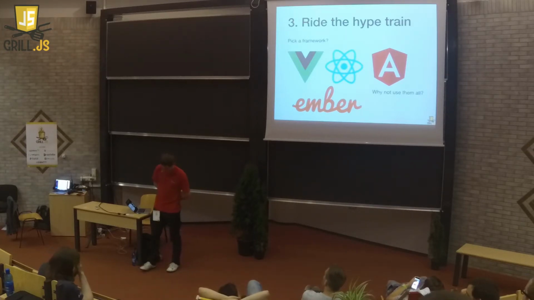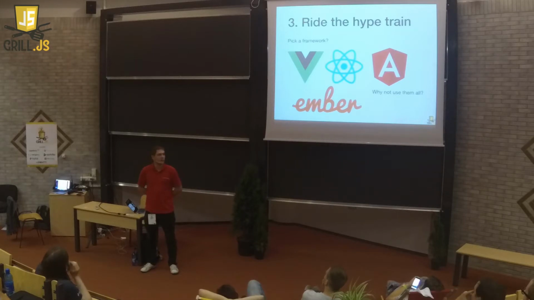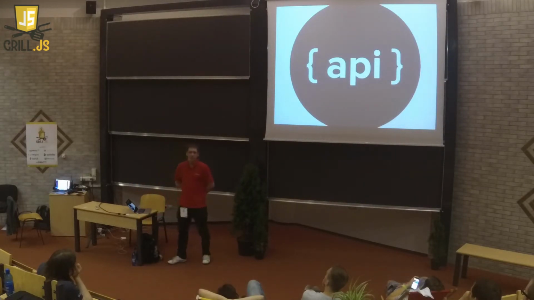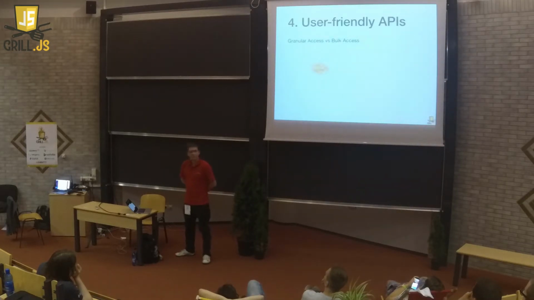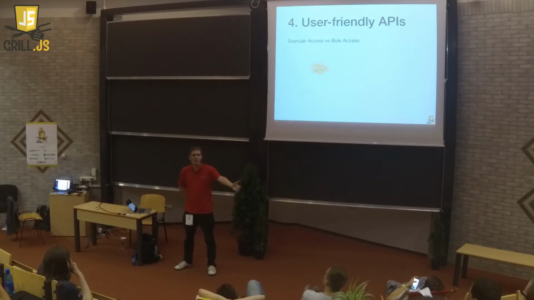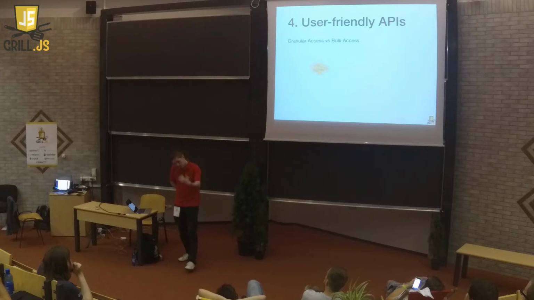So, what about more practical aspects of development, like APIs? I can offer you some guidance. First, the most important aspect when designing an API is how granular it is, or how much data you can provide in bulk.